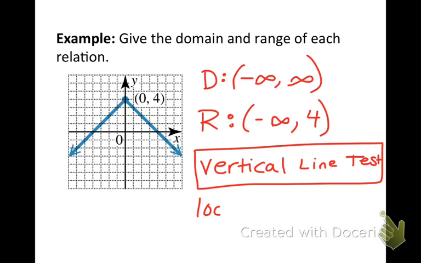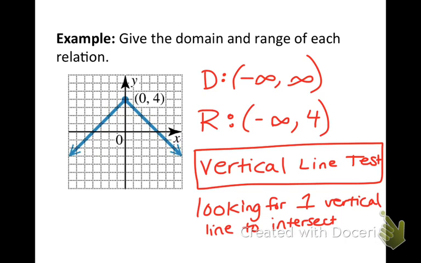And you're looking for one vertical line to intersect the graph in more than one point.